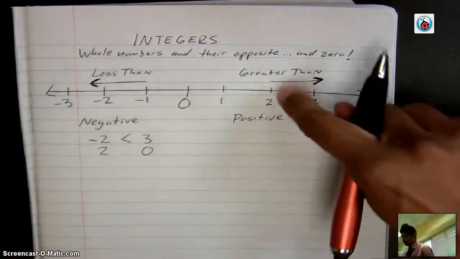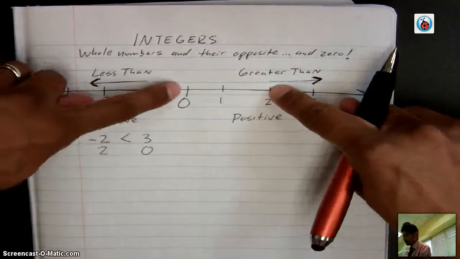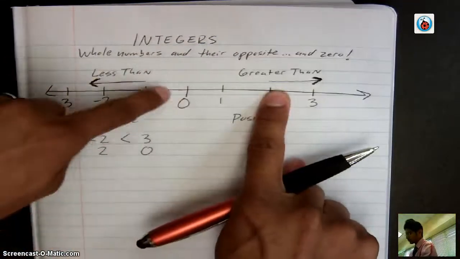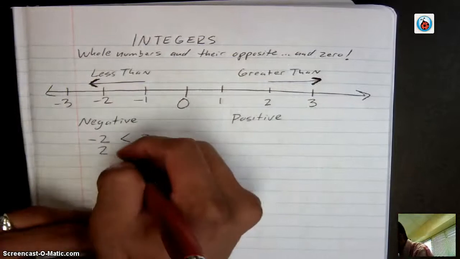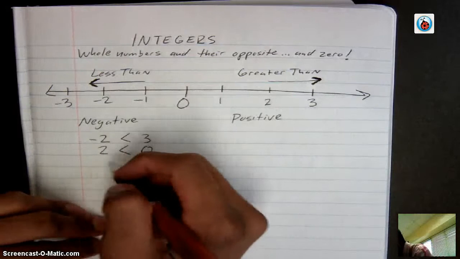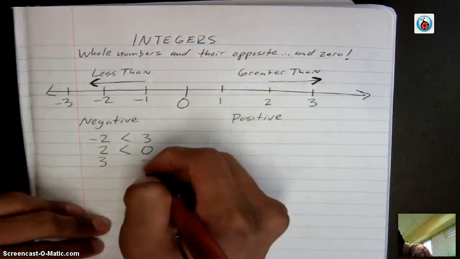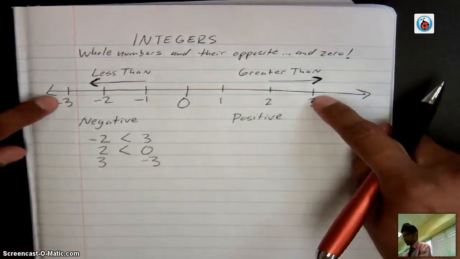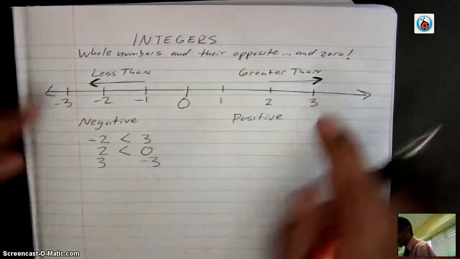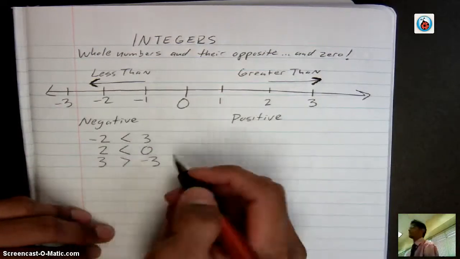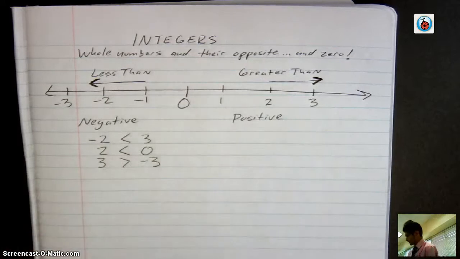Is 0 less than 2 or is 0 greater than 2? You can see 0 is on the left of 2, so that would be less than. All right, let's try 3 and negative 3. So here's positive 3 and here's negative 3. Which one is less? Negative 3. So 3 is greater than negative 3, and it would look just like this.